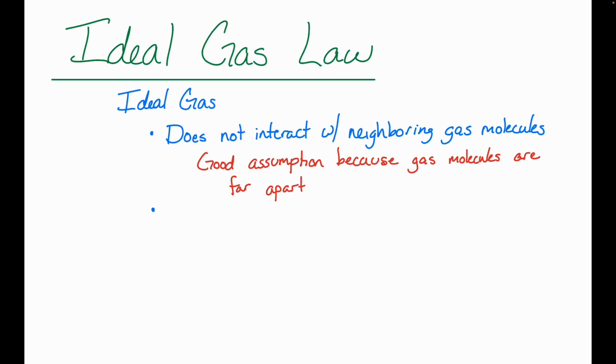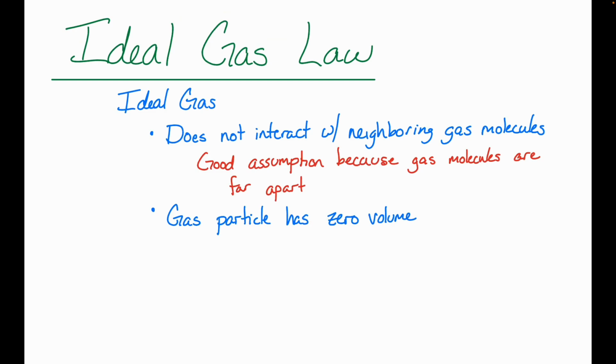The other assumption that we make that makes a gas a quote-unquote ideal gas is that the gas particle has 0 volume. That gas molecule itself is not taking up any volume. And that's of course not true, strictly speaking. Again, these are assumptions that we're making.